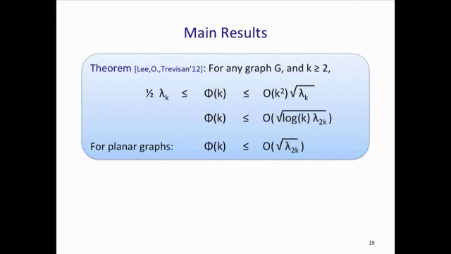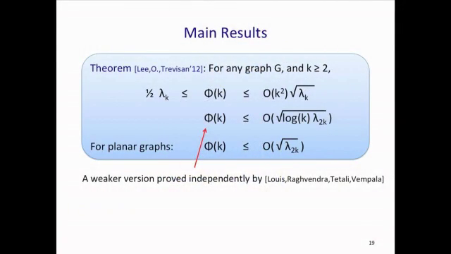So what else do we prove? We show that if we are allowed to use the 2k eigenvalue, lambda 2k, instead of lambda k, then we can significantly improve the dependency on k from k squared to root log k. And if the graph is low dimensional, a planar or bounded genus graph, we can completely get rid of the dependency on k.